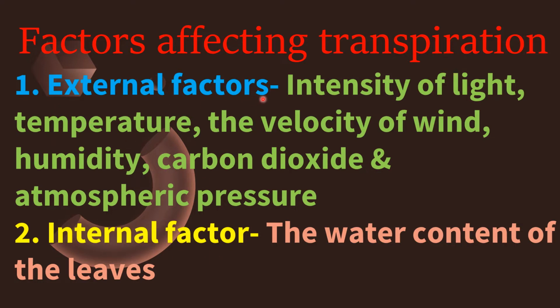External factors are intensity of light, temperature, the velocity of wind, humidity, carbon dioxide and atmospheric pressure. The internal factor is the water content of the leaves. These are the different factors affecting transpiration. We are discussing these one by one in detail.